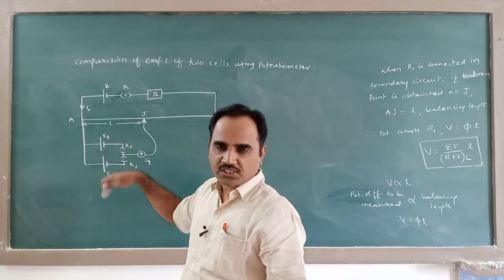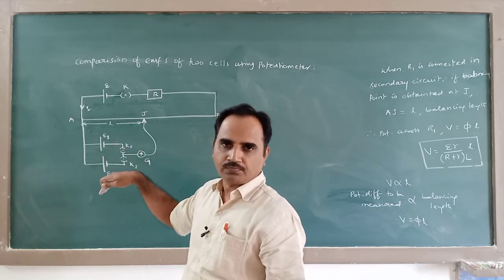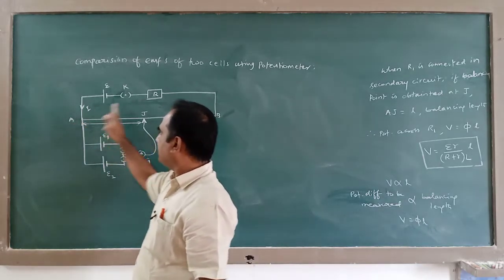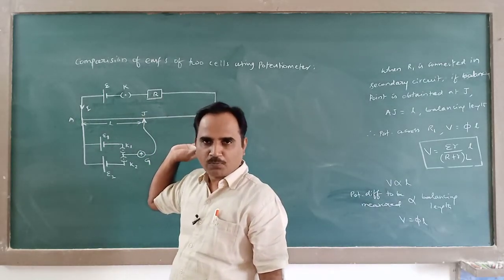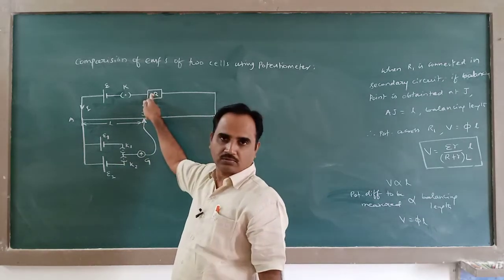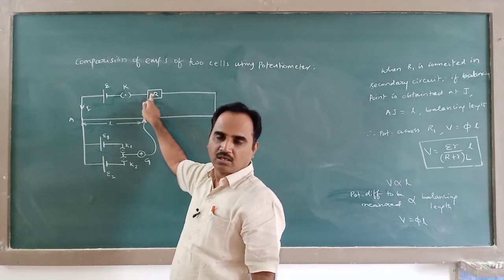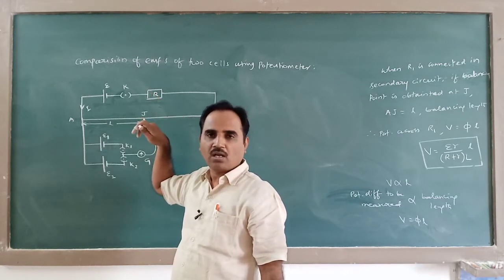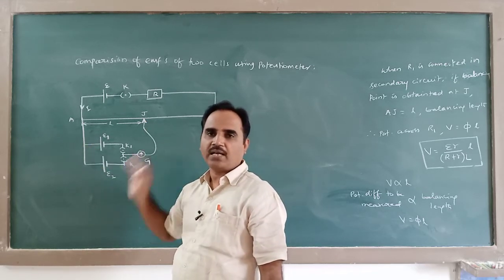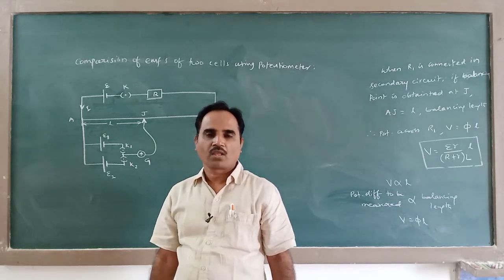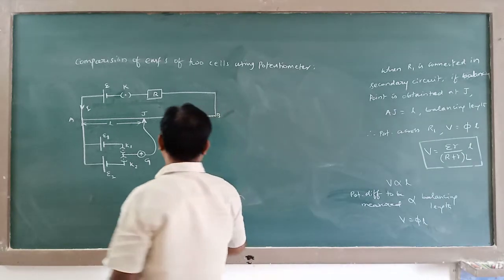For both cells E1 as well as E2, you check opposite deflections at the end A and end B. In case you could not get opposite deflection, you change the resistance here. You keep a suitable resistance such that for E1 and also for E2, separately, you get opposite deflection at ends A and B.